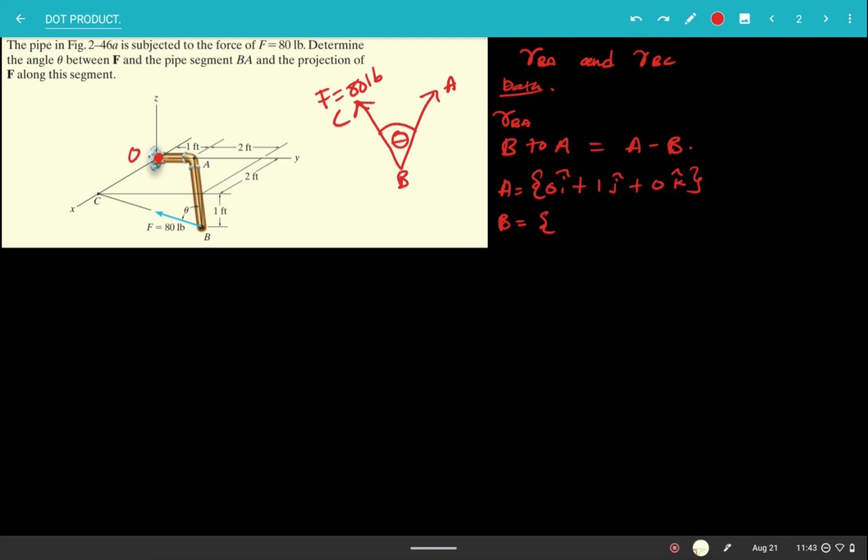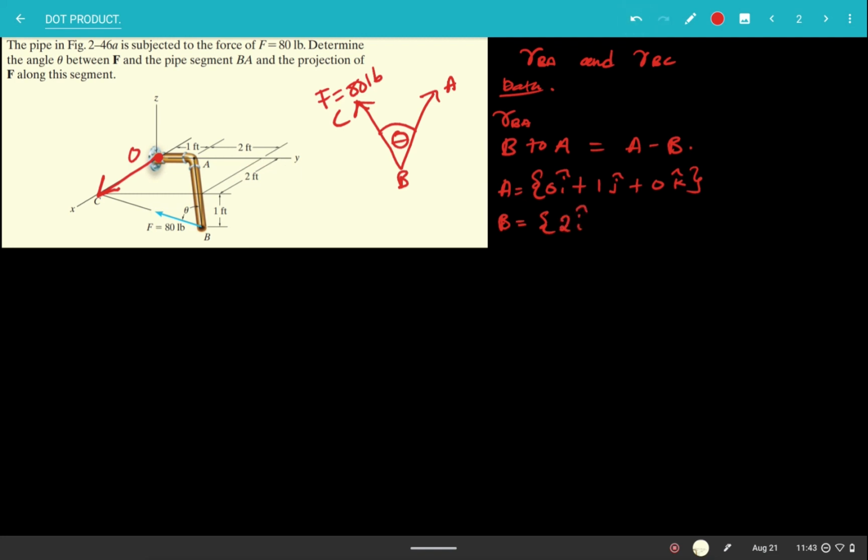So let's first move in the x. For me to reach B, I need to move in that direction, and that direction means that I'm moving 2 feet in the x-axis. So I have 2 in the i.